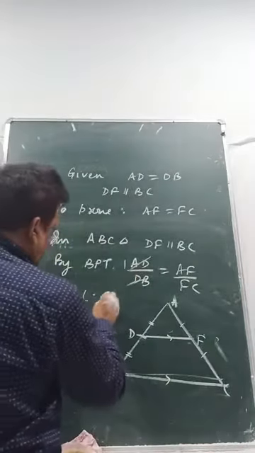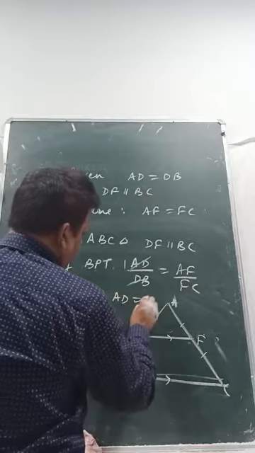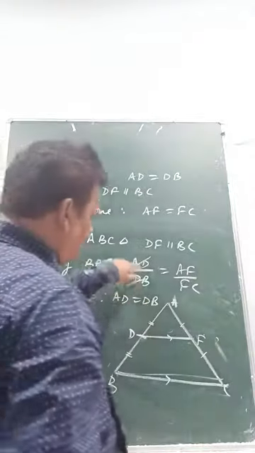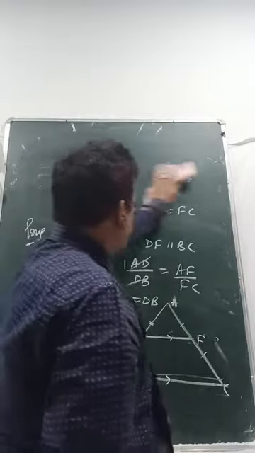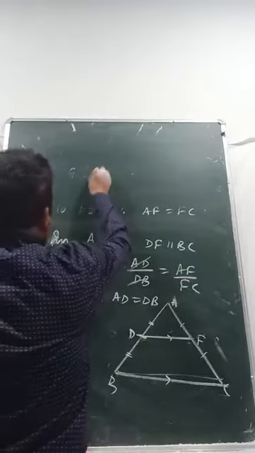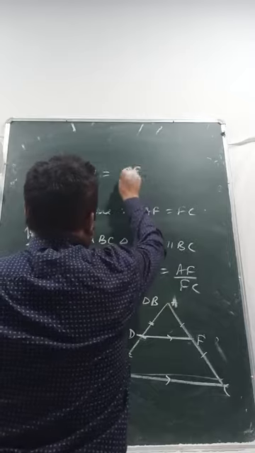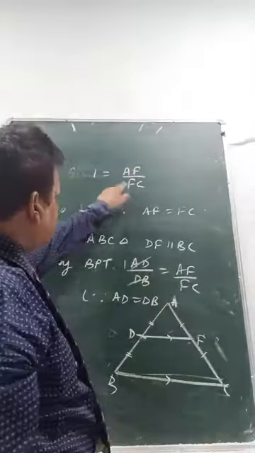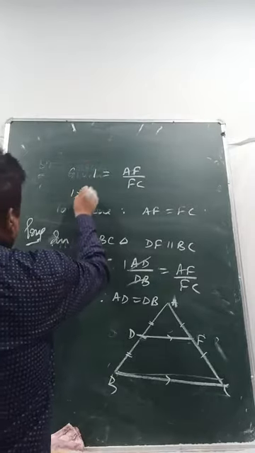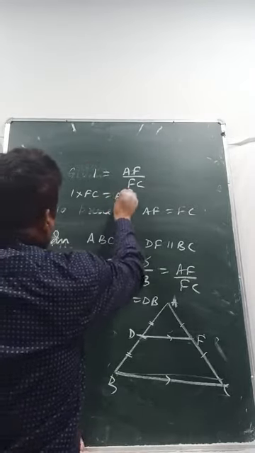Since AD equals DB, that means 1 equals AF by FC. Cross multiplication: 1 into FC equals AF.